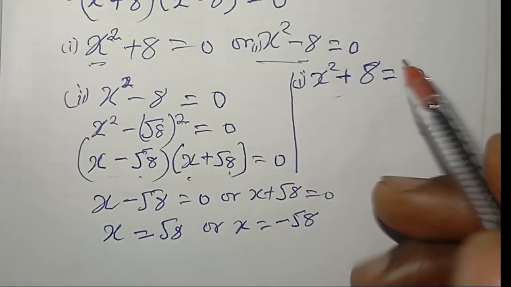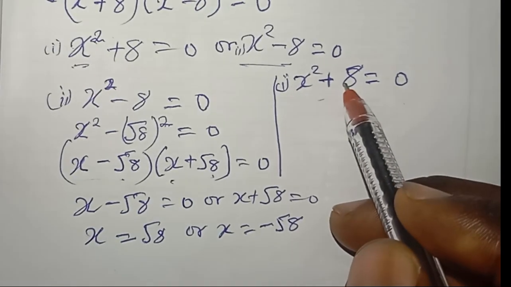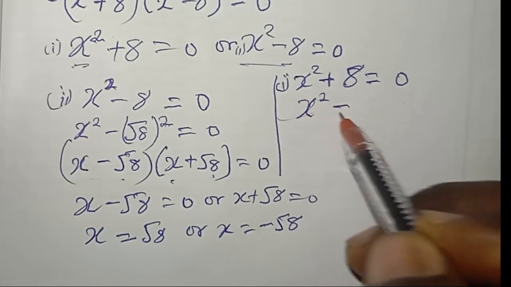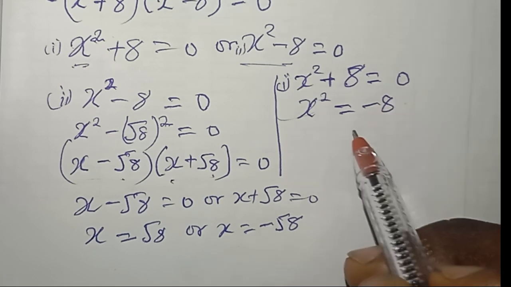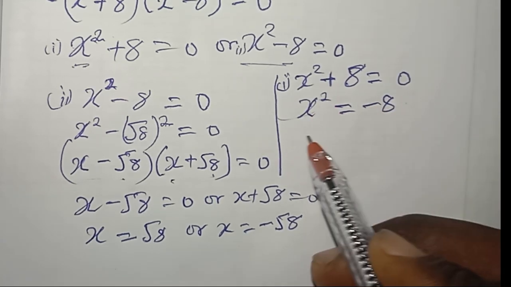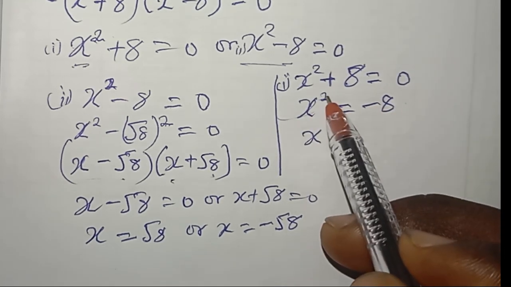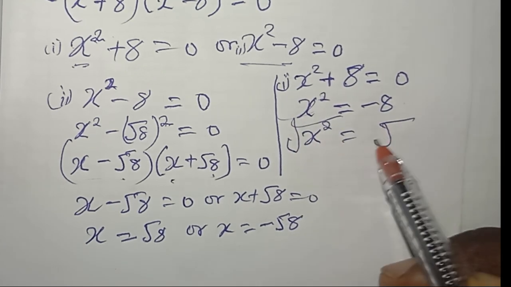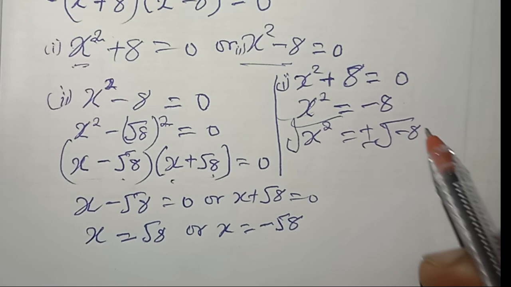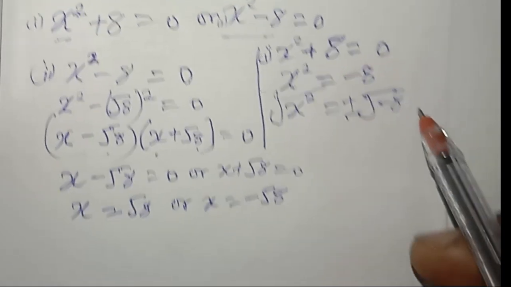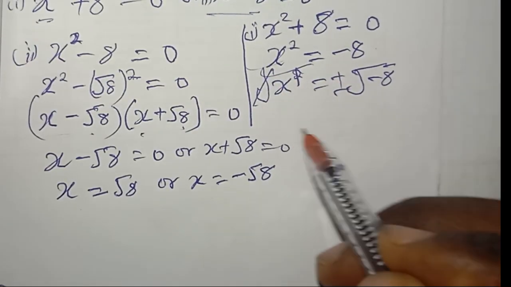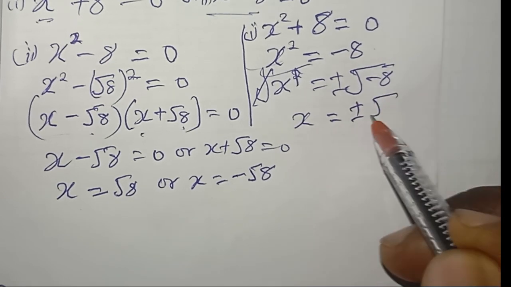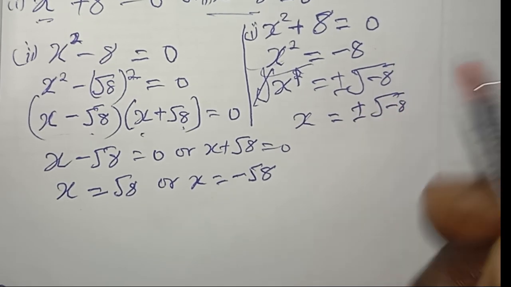And to do that, I'm actually going to move this 8 to the right hand side, so that I'm going to be having x squared is equal to negative 8. And then of course we can just take the square root of both sides so that I can eliminate this square right here. So plus or minus square root of negative 8, and then x is equal to plus or minus the square root of negative 8.